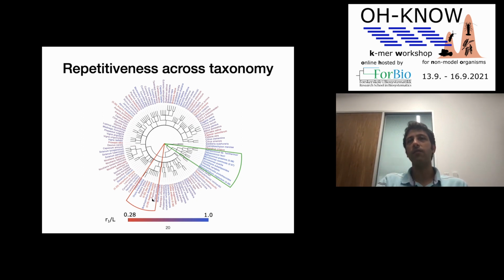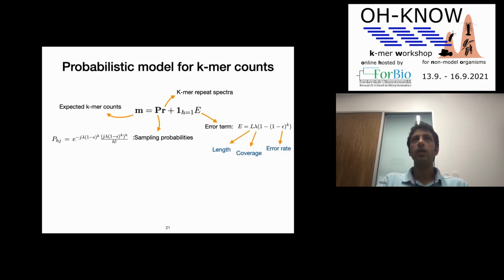Some of this is because of domestication, right? But this is not the only example. There's also some genus here where the two species in the same genus have quite a different repeat structure. So you can't just look at the closest thing. I mean, that's not a bad start, but it's not sufficient.